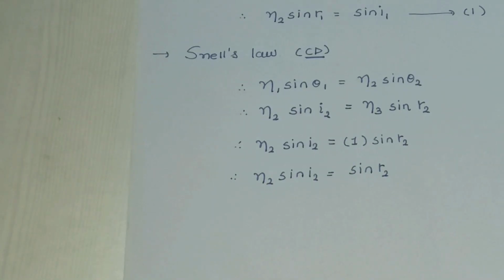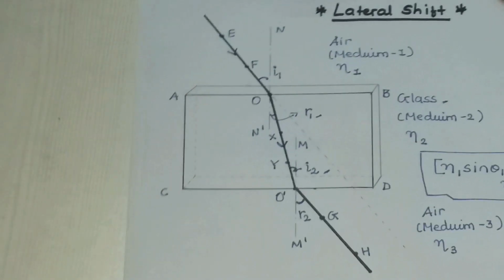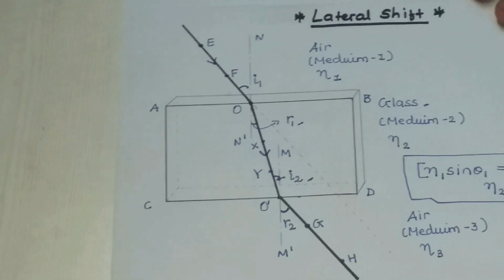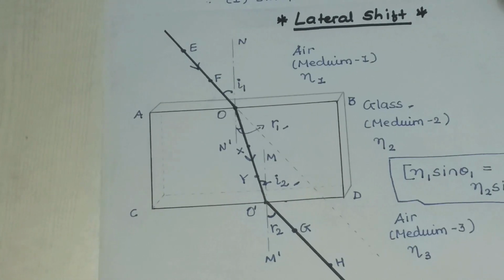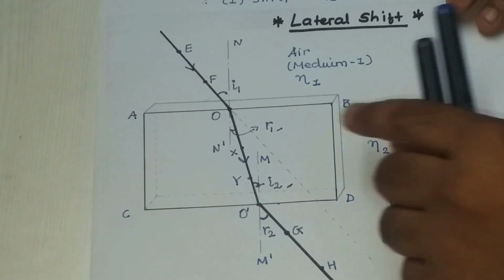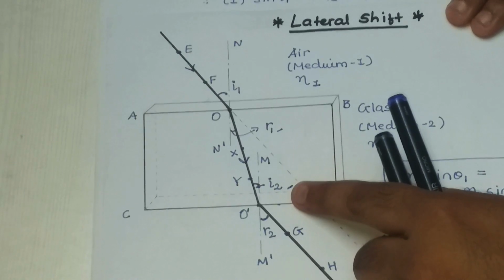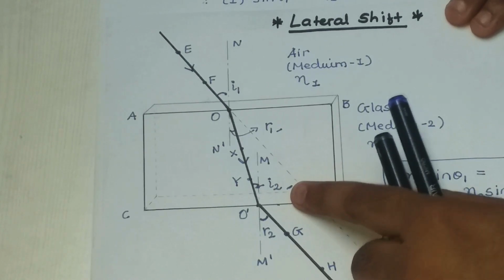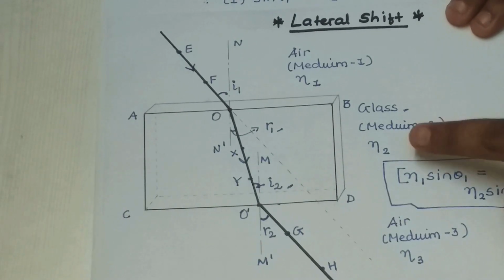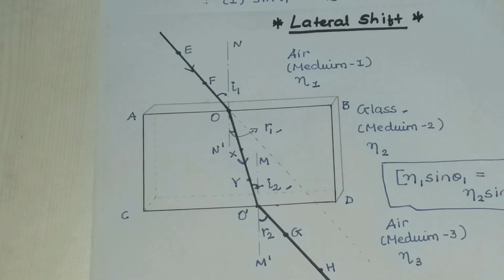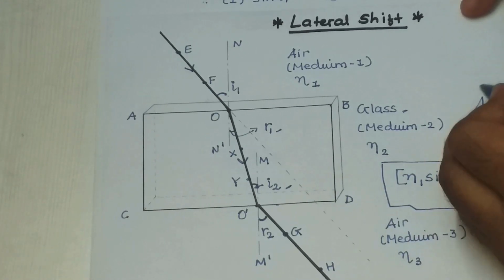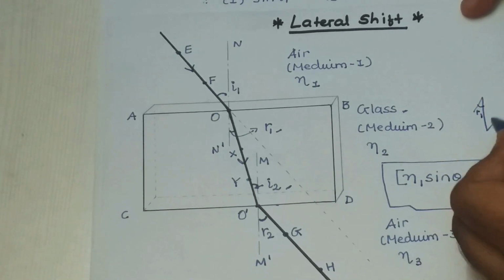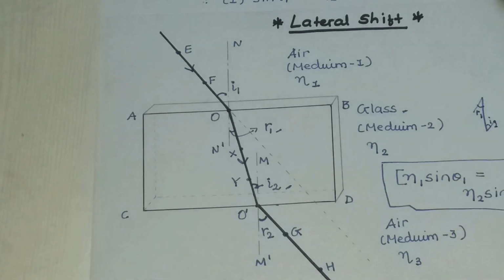Now earlier, students, we discussed, you can see in this figure that R1 and I2 both are the same. Why? Because they are made in a glass medium, and also you can see here it is like a Z angle. So here it is R1 and here it is I2.